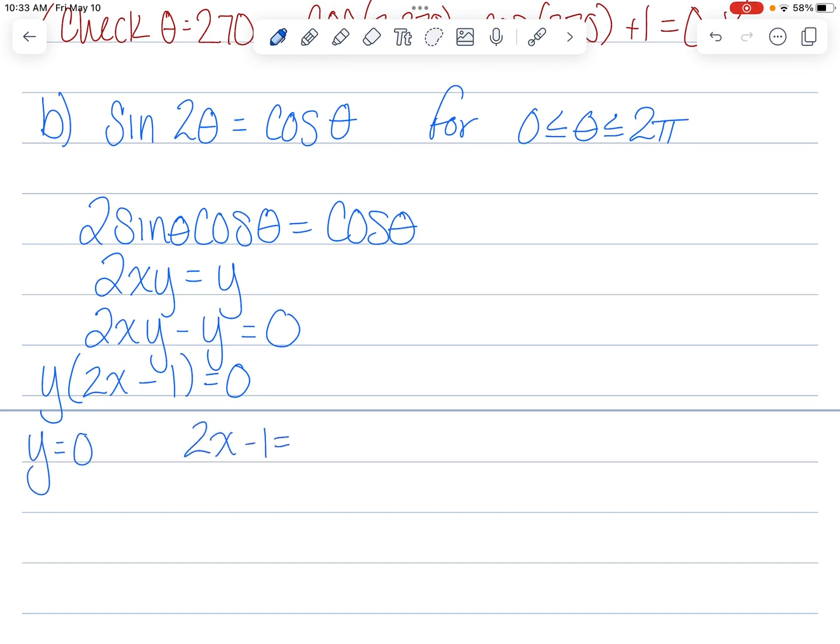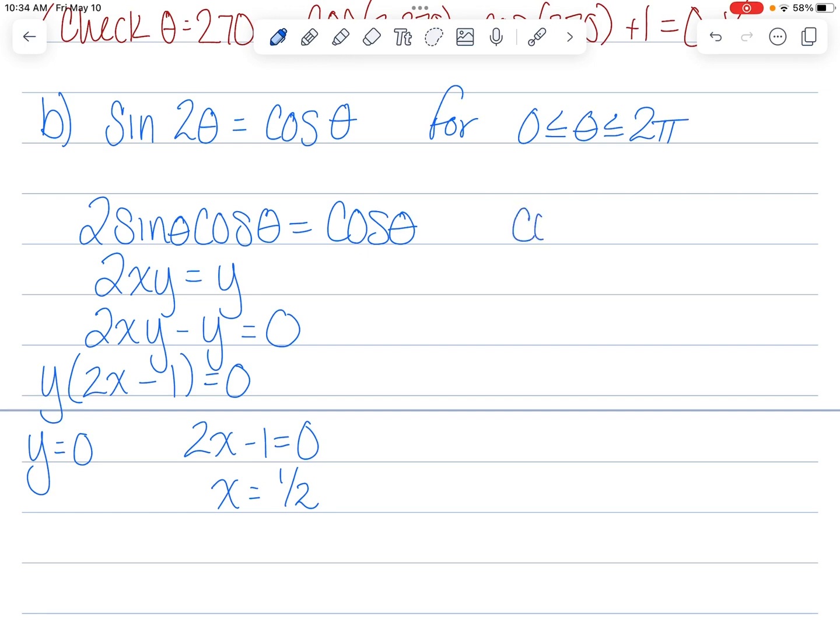Y will be 0, 2x minus 1 will be 0, so x is positive 1/2. If you are the person who says, okay, I'm just going to divide cosine off of both sides, that's fine. Just remember, if you do it that way, you also have to check the case where the thing you divided off, in this case cosine, equals 0, and see what that would give you.